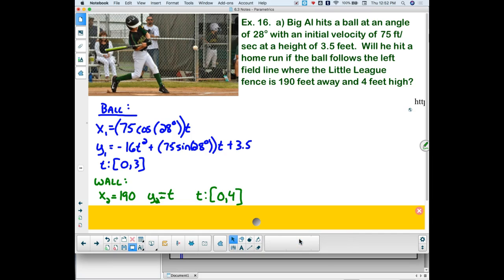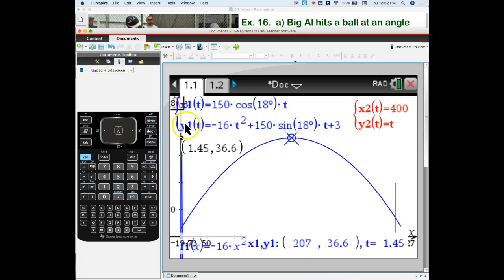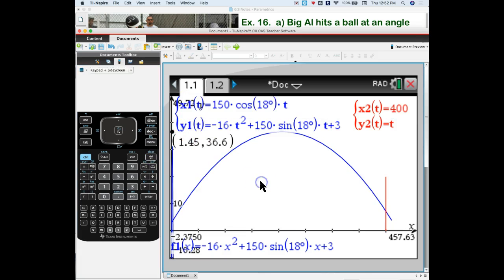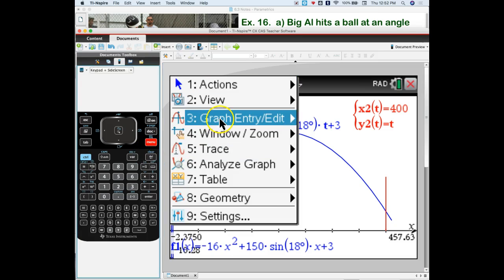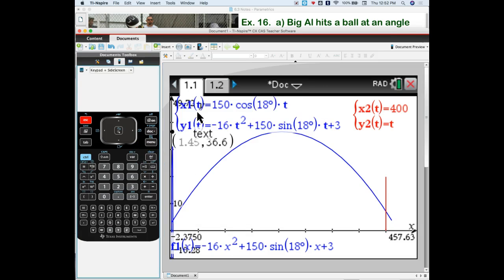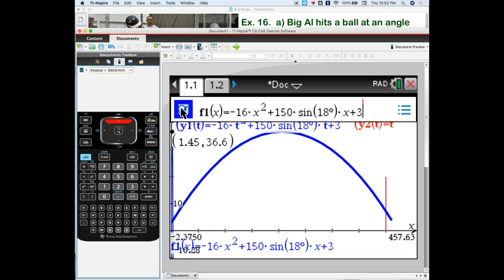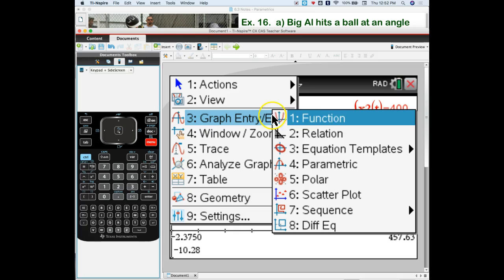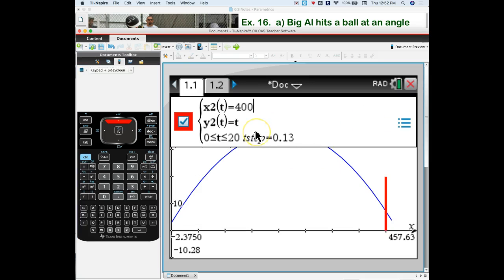Okay? All right, so go over to here. And then I want to get rid of this one. And then, oops. Hold on. Escape. Get me out of here. Tab. Get rid of this one. There, it's gone. Now I want to go into here. Do my parametrics.